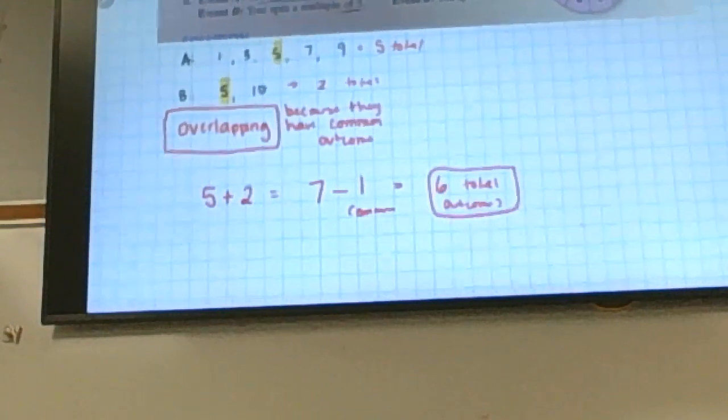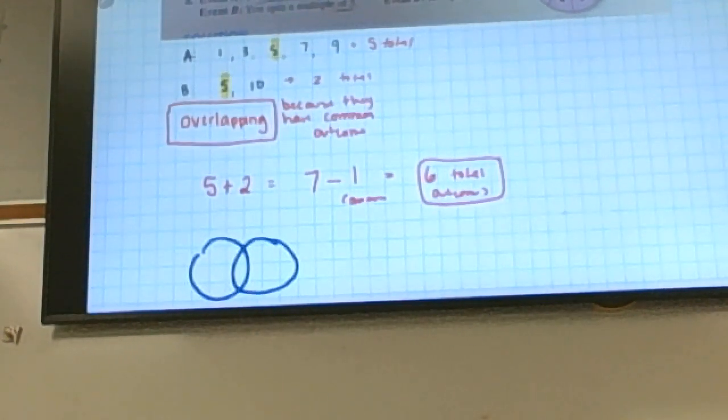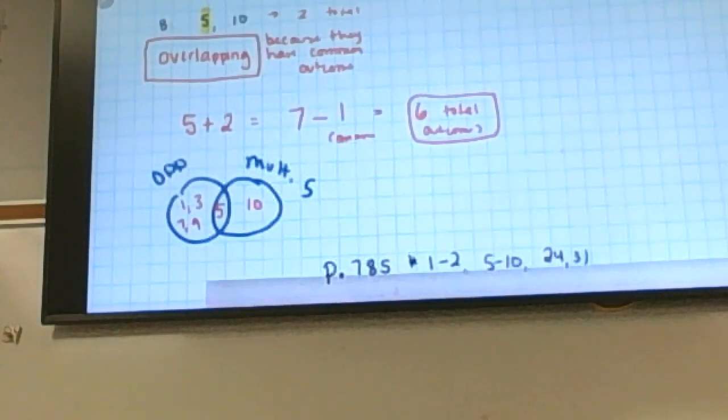Now the Venn diagram is really good for your thought process. If I was to make a Venn diagram, over here would be the odds, over here would be multiples of 5. So I would go 1, 3, 5 overlaps, goes in the middle, 7, 9. And then for multiples of 5, the 5 is already there, and 10.